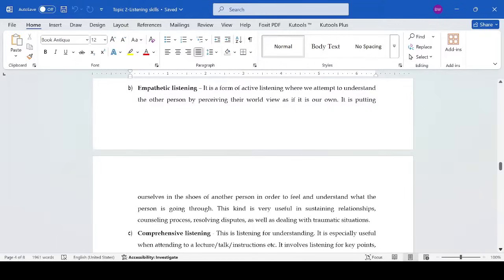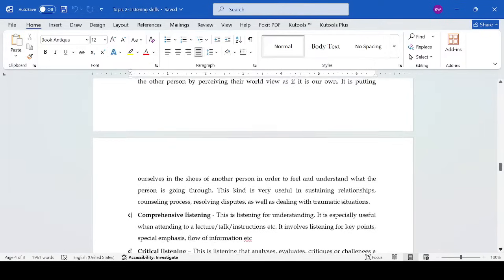You listen for their words, you listen for their reactions, you listen for their appearance, and also you feel with them and you respond in a certain way. So if this friend of yours is telling you about what happened yesterday evening so that they lost their money, you are listening to them, you're not talking back. Because if you compete in terms of talking, then you are not a good listener. In empathetic listening, we give the other person the full attention. We are listening to feel, to understand the other person.